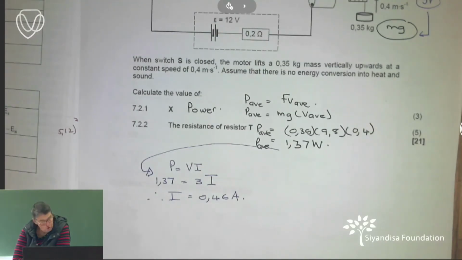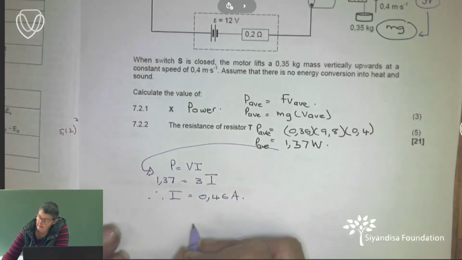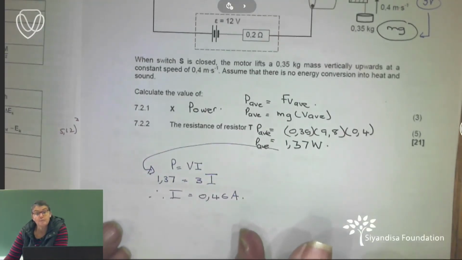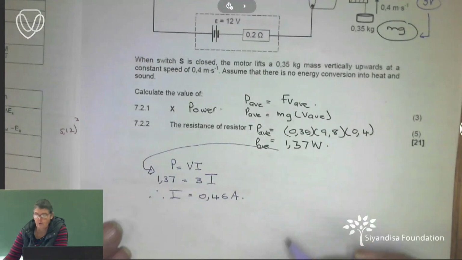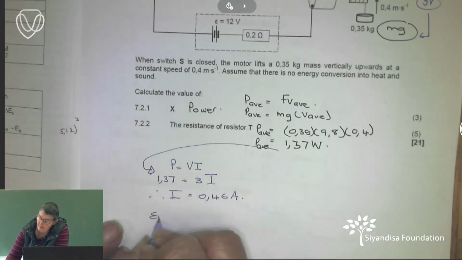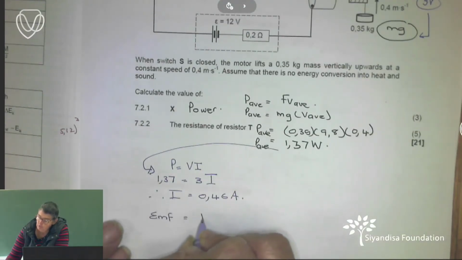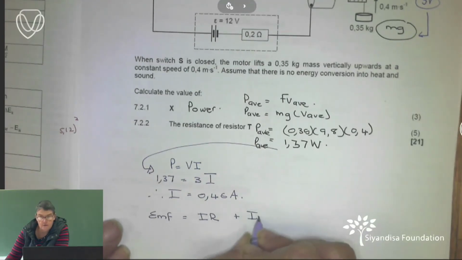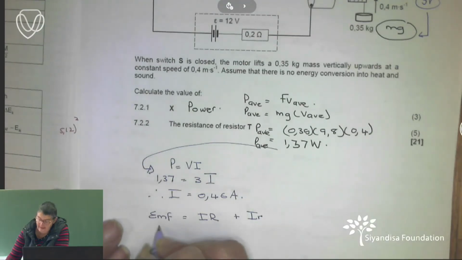So the next option that I can go to is to say that my EMF, remember there are various options you can use, people. I'm going to use this option. We can look at another option just now. My EMF is going to be equal to I big R plus I small r. My EMF was given to me as 12.